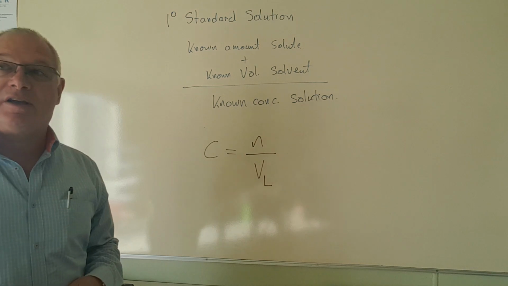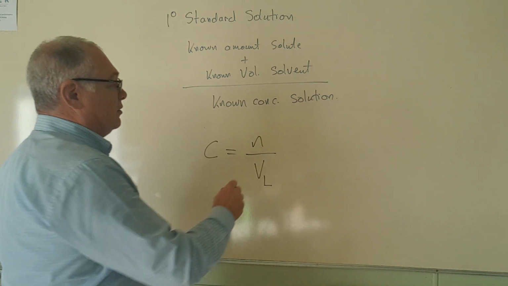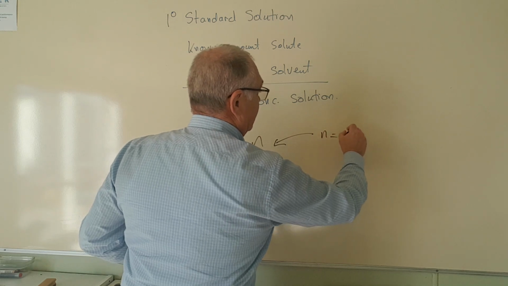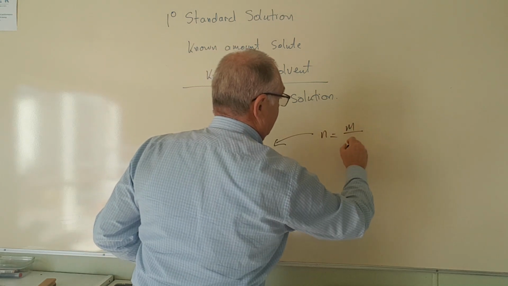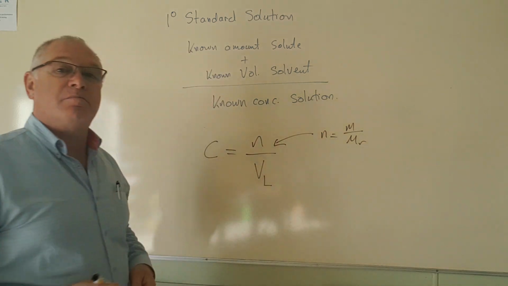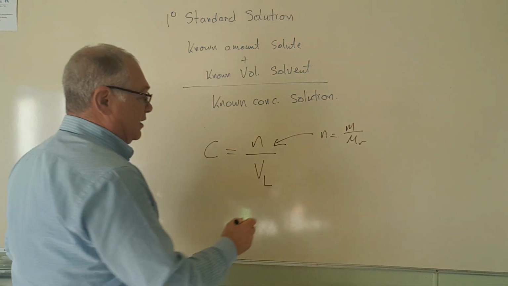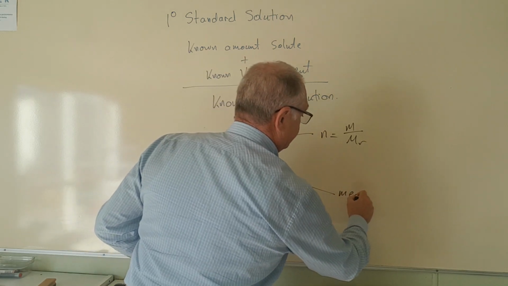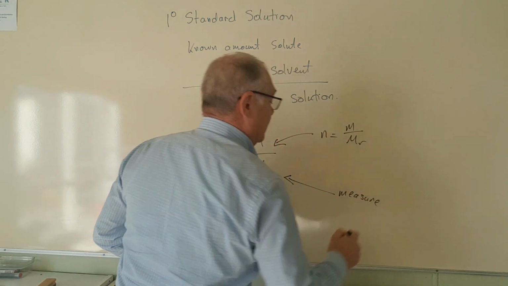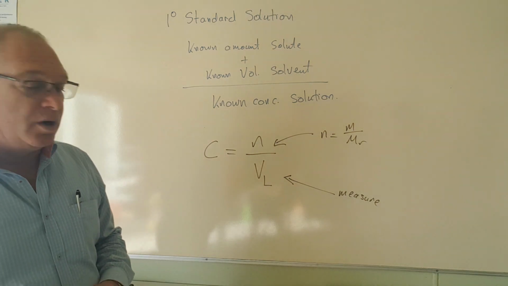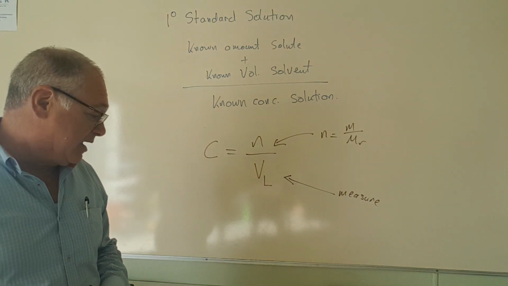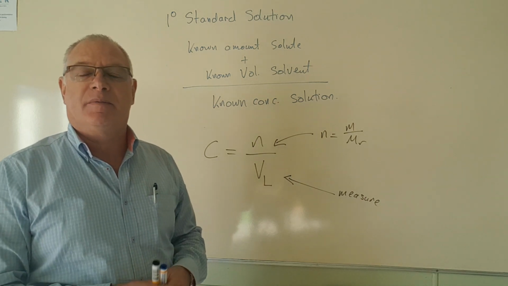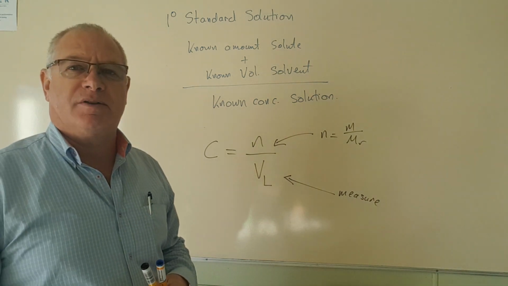Now when we're using a solid solute, the number of moles is going to be the mass over the relative molar mass. The volume we're going to measure with a measuring cylinder or a volumetric flask, and we'll tell you about those devices later on. So let's have a look at a possible calculation.